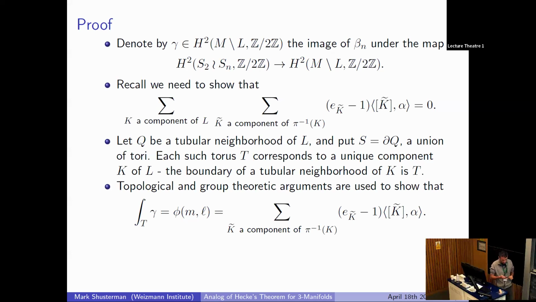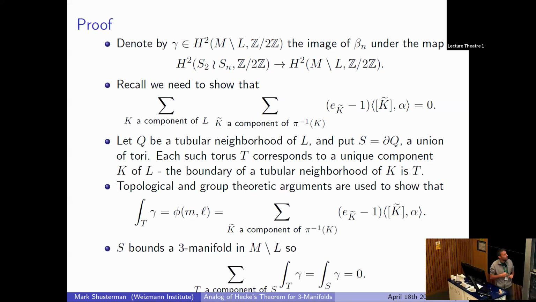And then to conclude, all you need to do is to note that there is this bijection between the components K of L and the different T's, the components of S. So this big sum is just equal to the sum over these integrals.